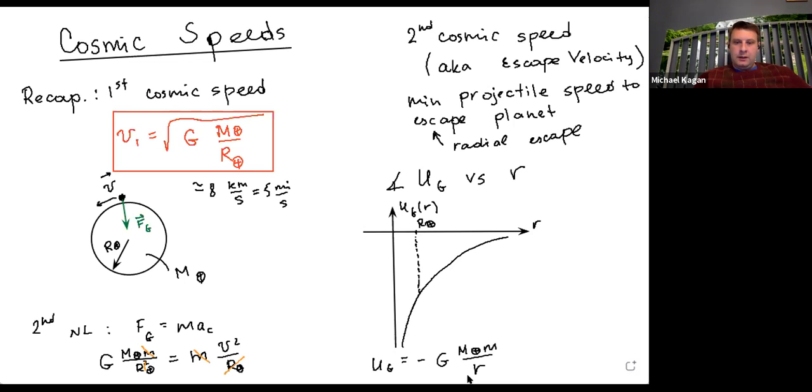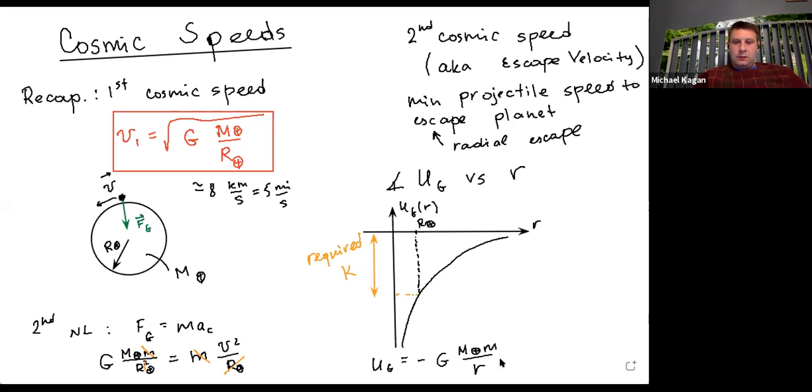Right? We need this much kinetic energy to climb up from this potential well. Am I saying clear words? Do you guys understand what I'm talking about? Okay, so this is the required kinetic energy.